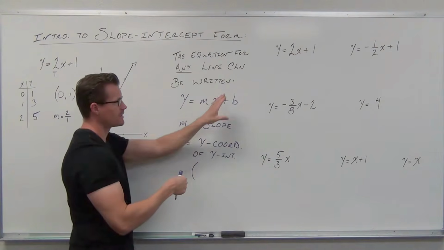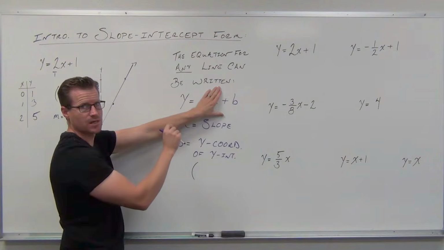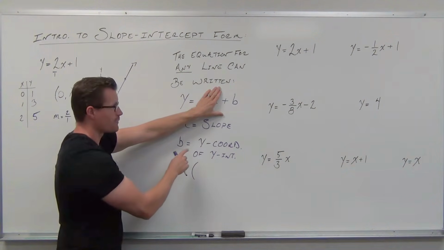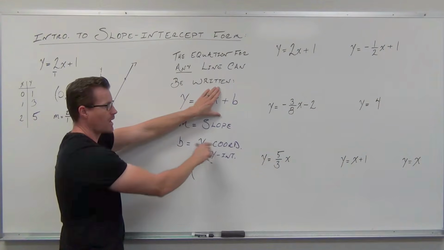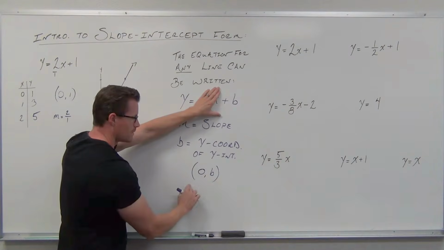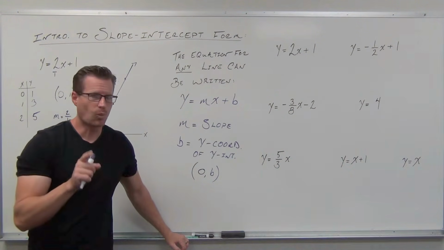So if I plug in x equals 0, I'm on the y-axis. It gives me the y-coordinate of that point on the y-axis, the y-intercept. So if I plug in 0 for x, I'm getting the y-coordinate of the y-intercept. I want you to write this out as 0 comma b. Give yourself a point.